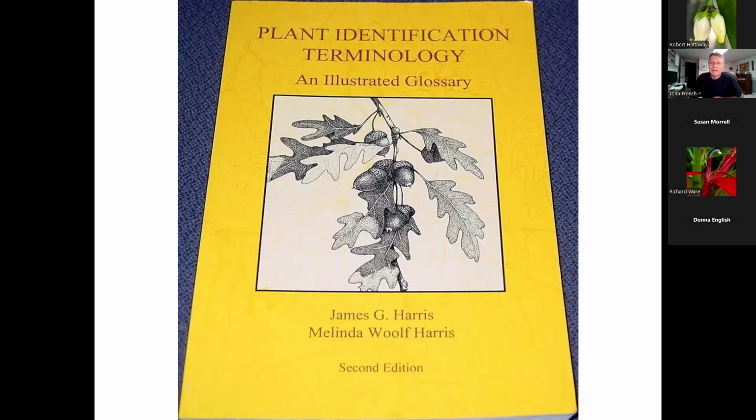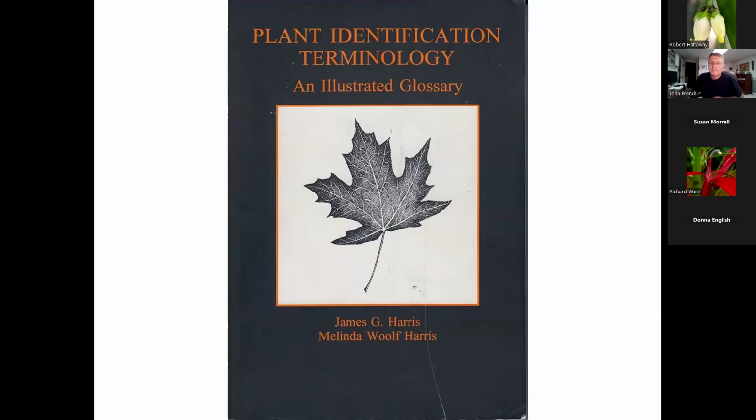This is the newest version of this book. If you don't have this book, you need to get it because this is the one that has all the terms in it. I don't think anybody can memorize all the terms used in identifying trees and especially wildflowers. The older version is the one that I still have, and it's almost as good as this one, I guess. I don't know how many changes have been made.